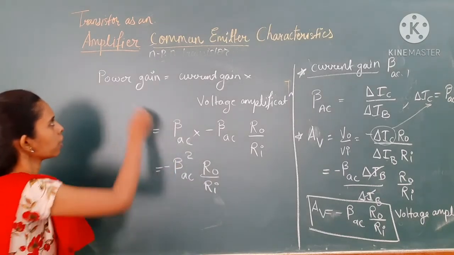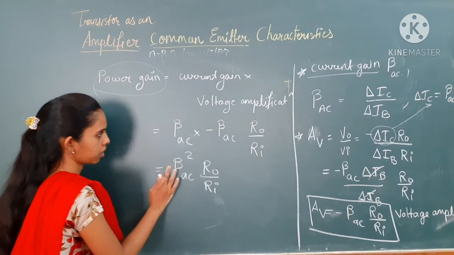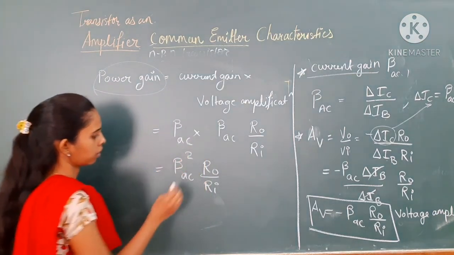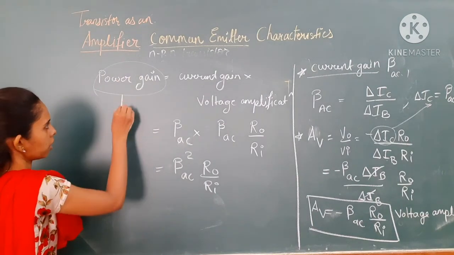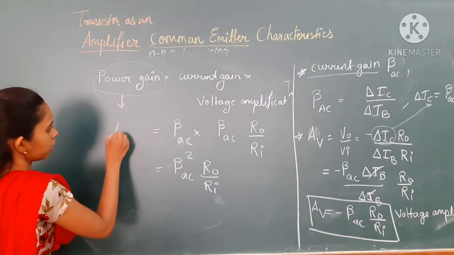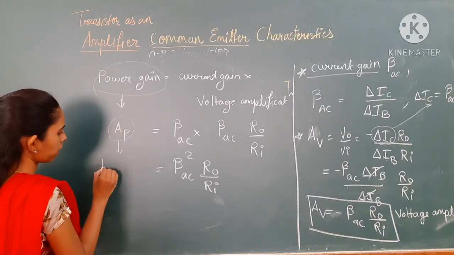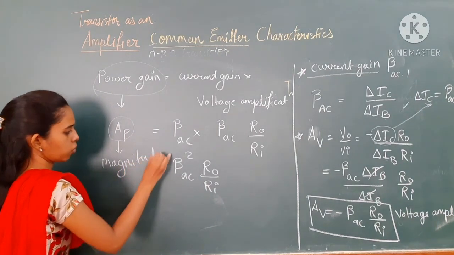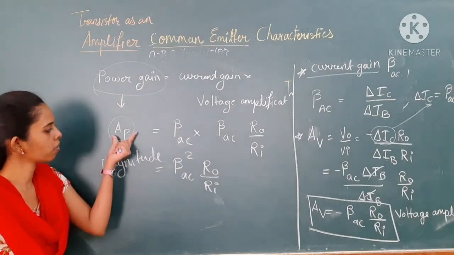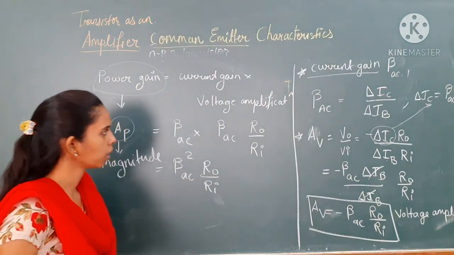But if you want to take the power in magnitude, this minus sign will not be considered, because we have considered power gain as AP, and this AP is nothing but the magnitude. So the magnitude of power gain is equal to beta AC square RO upon RI.